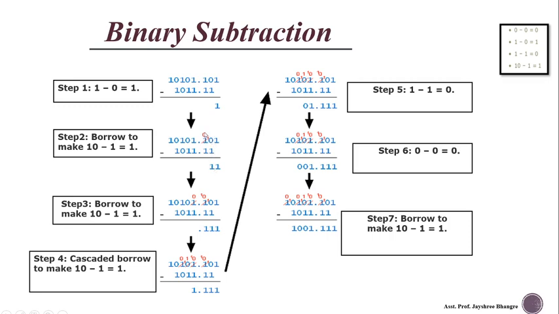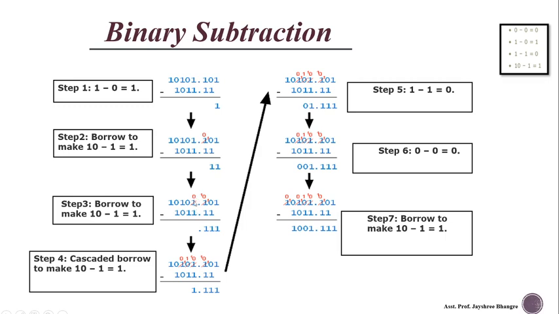After borrowing 1, here we are left with 0. So again, to perform this subtraction, we have to borrow 1 from the next column. Over here we have borrowed 1 and we get 2. So 2 minus 1, again 1. Write the binary point. Then as we borrowed 1 from this column, we are left with 0 over here.